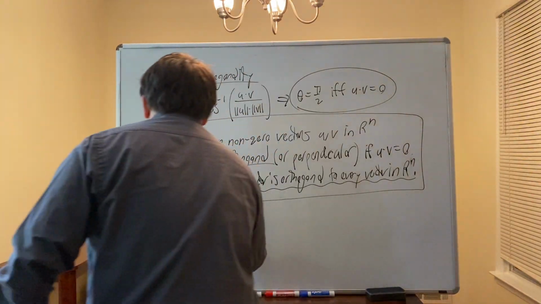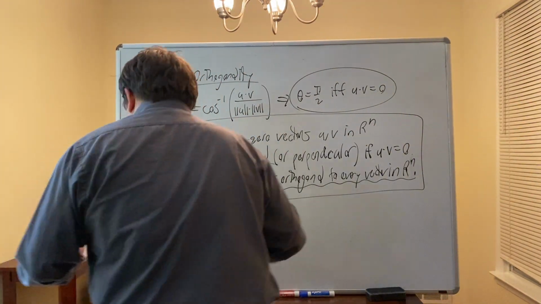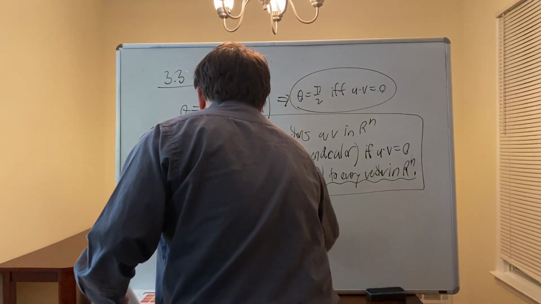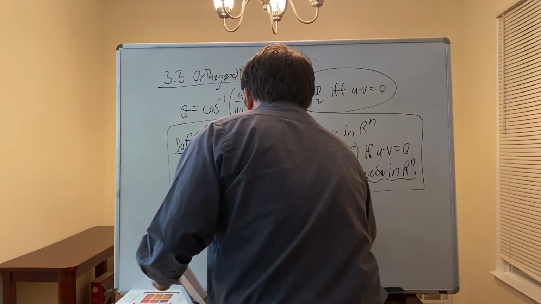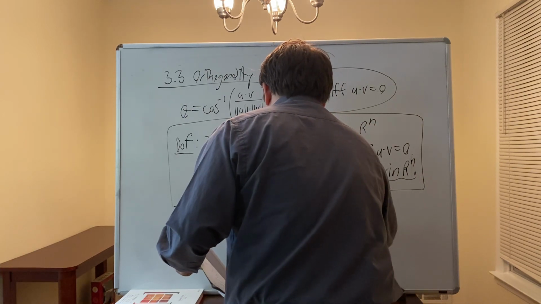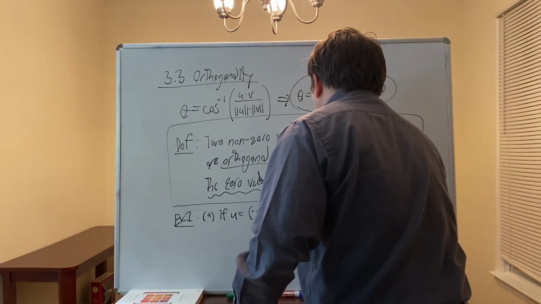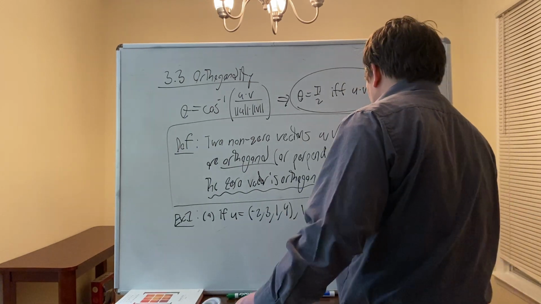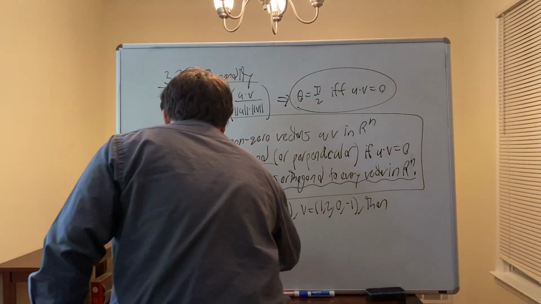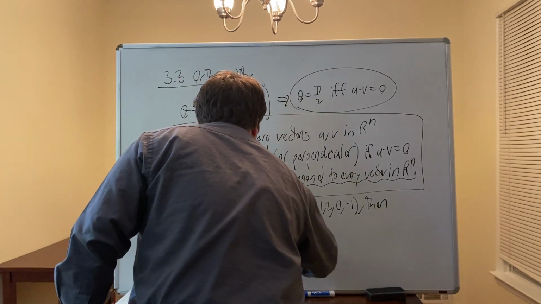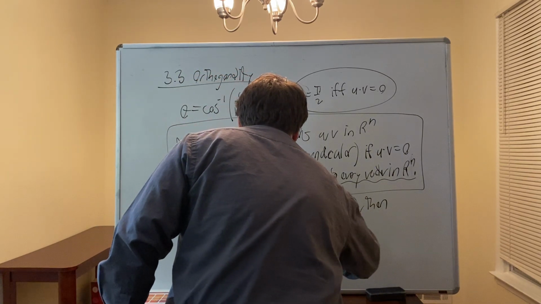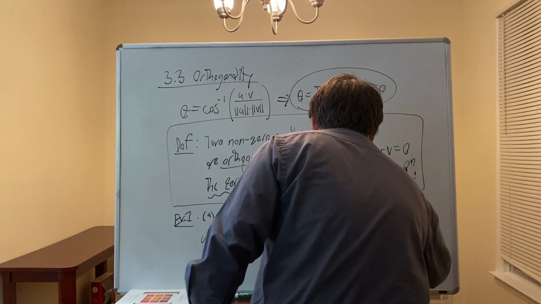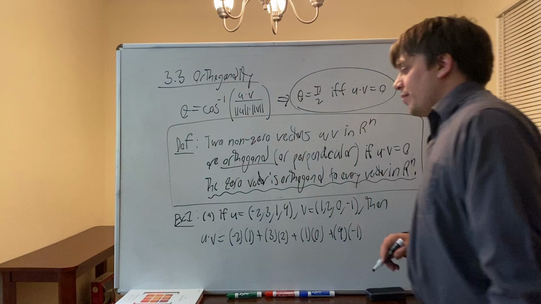So example 1, part A. If u is equal to -2, 3, 1, 4, and v is equal to 1, 2, 0, -1, then u dot v is equal to -2 times 1 plus 3 times 2 plus 1 times 0 plus 4 times -1.